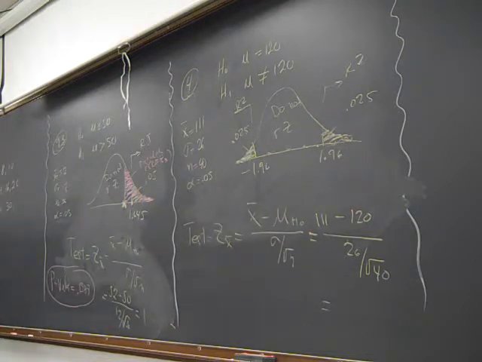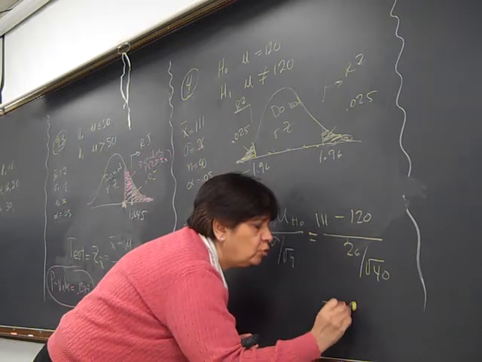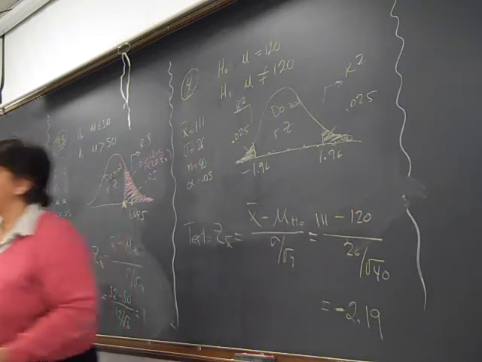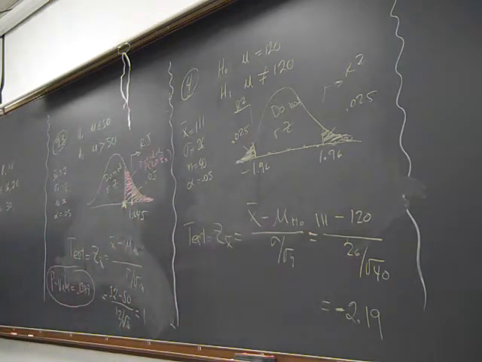And that is equal to negative 2.19. That is the value of my test. Where is that? In the rejection or in the non-rejection zone? In the non-rejection?